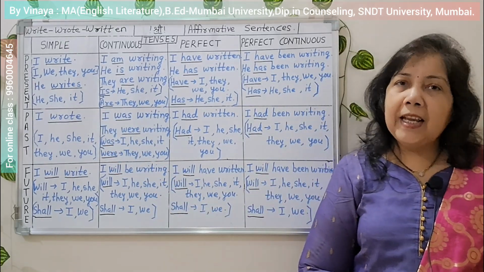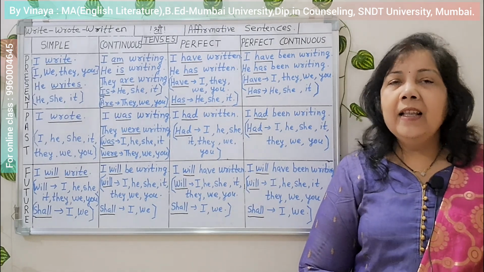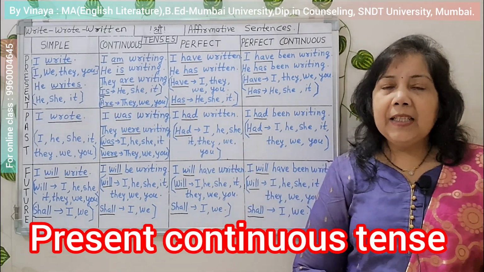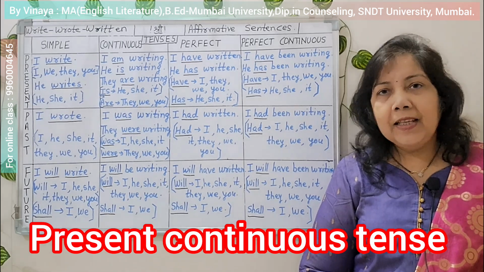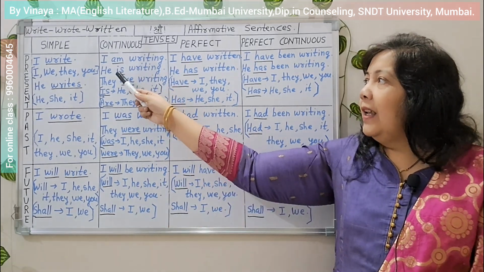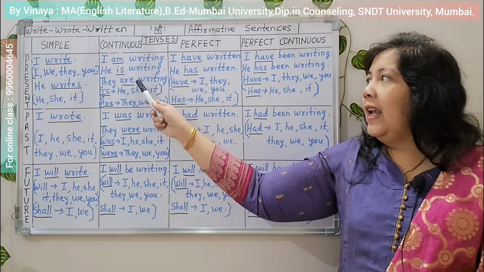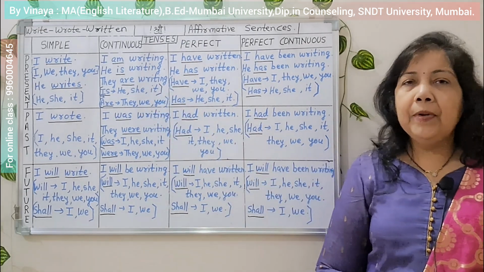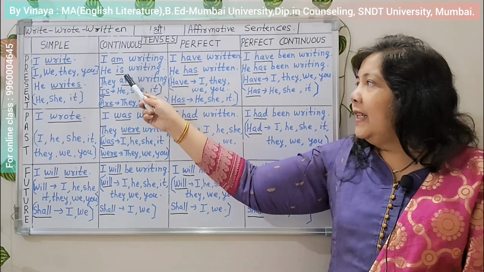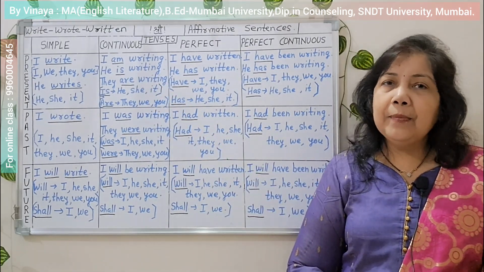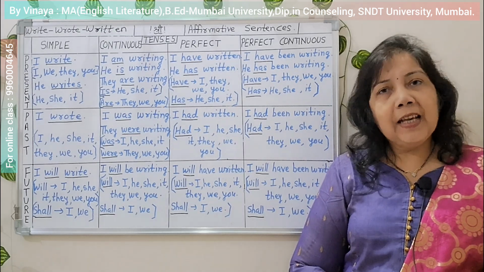Let us move to the next tense in present tense. The second tense is present continuous tense. The sentences are: I am writing, he is writing, they are writing. All other things remain the same, only am, is and are change. When to use which is important. When the subject is I, of course it is am.